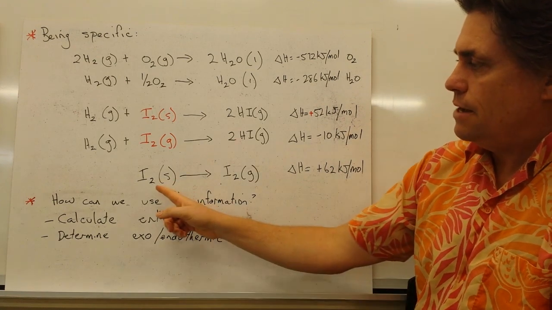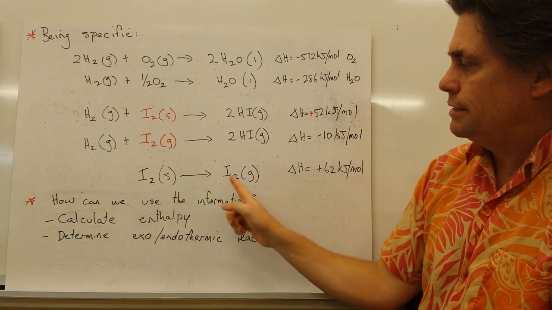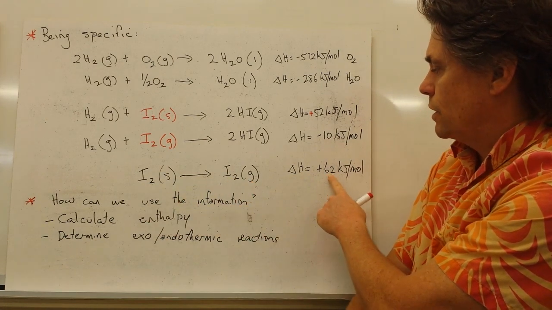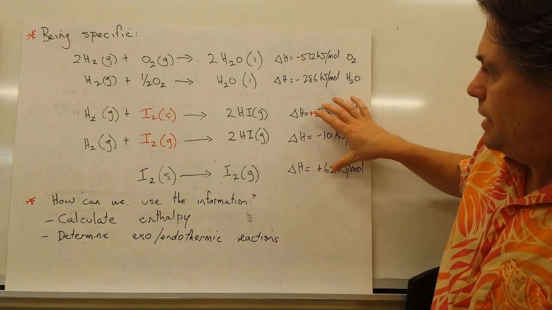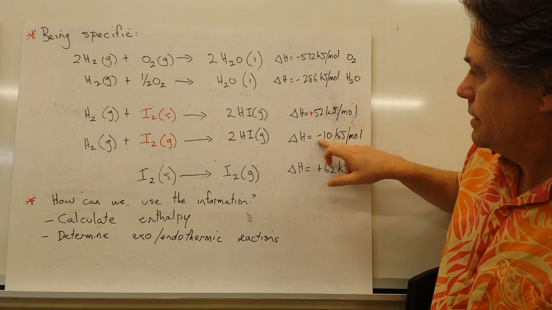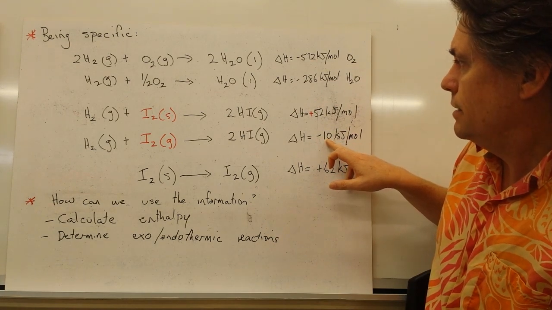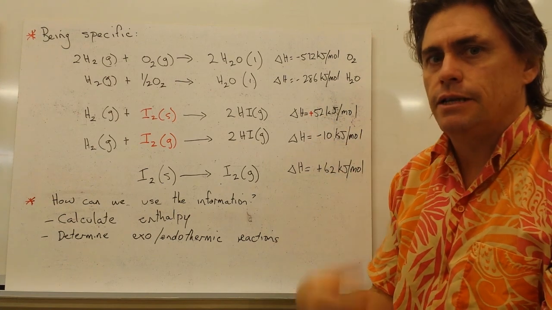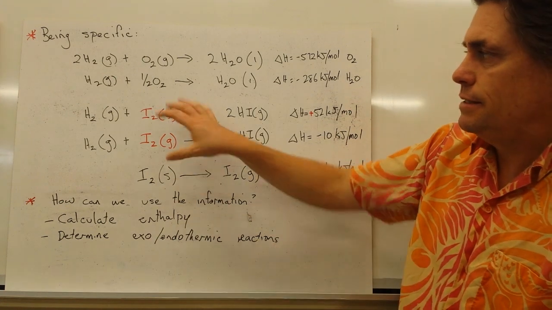Now, it turns out that the conversion from solid iodine to gaseous iodine is an endothermic process and requires 62 kilojoules per mole. Once again, if we subtract this value, being the smaller one, from this value, we get this value here. And that tells us once again that we have conservation of energy in this system.